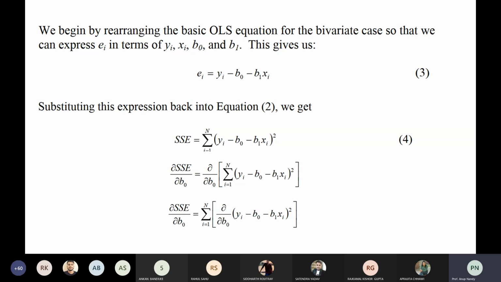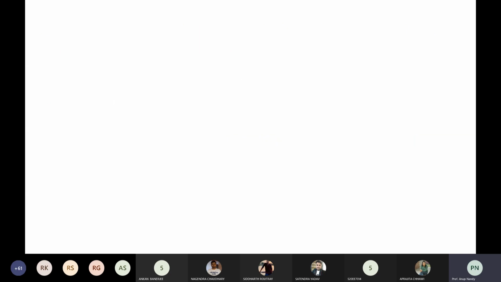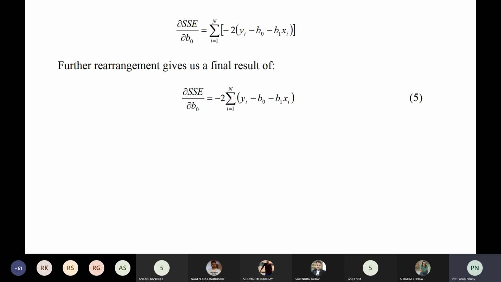Now if you do the differentiation, what will be your answer? Tell me. The derivative of the inside is minus 1, and the power gives 2, so you get minus 2 into yi minus B0 minus B1 xi, and del SSE by del B0 is equal to 0, as per the calculus rule.